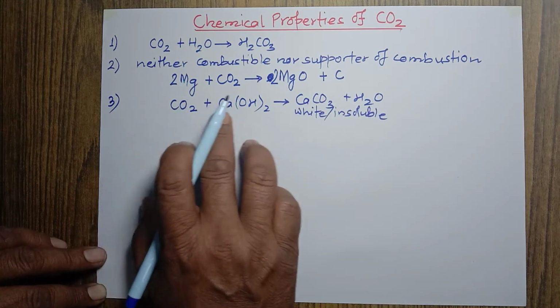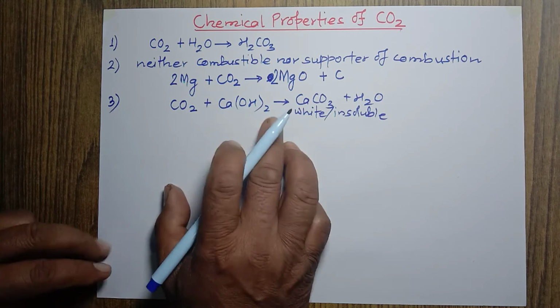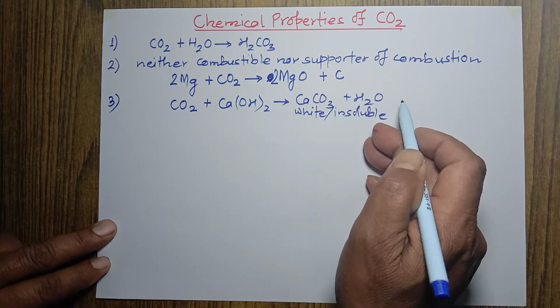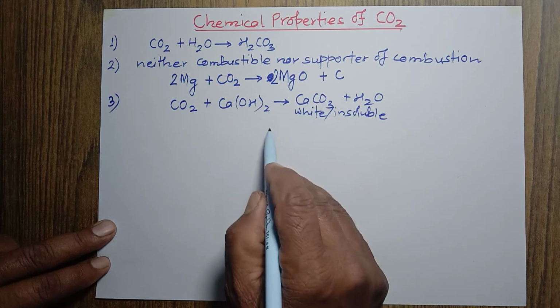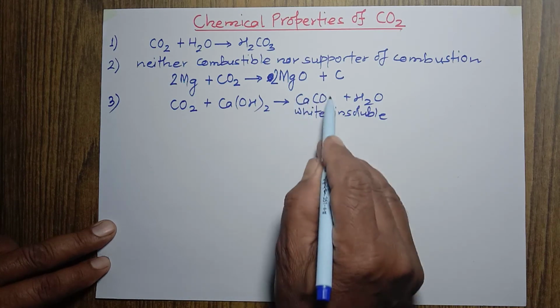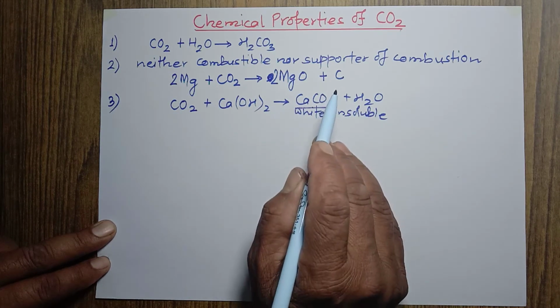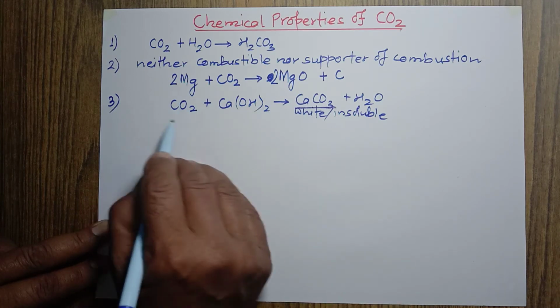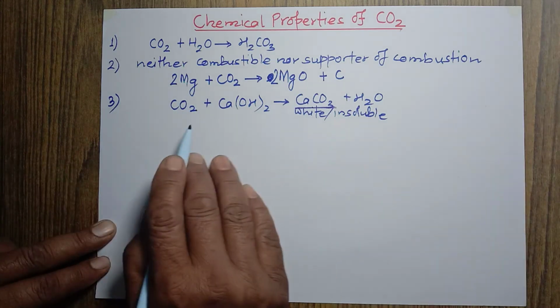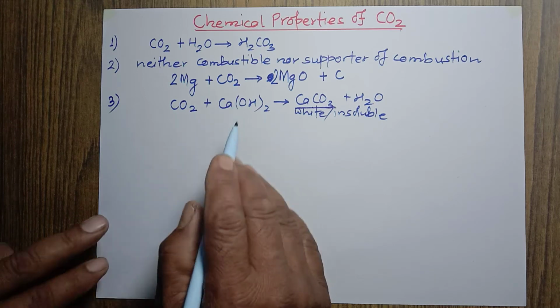When carbon dioxide gas is passed into lime water, the lime water turns milky due to the formation of insoluble white calcium carbonate. And if we pass carbon dioxide continuously into lime water, then what is seen?